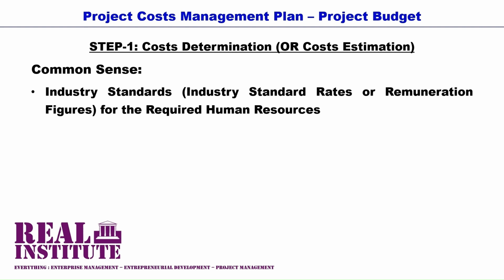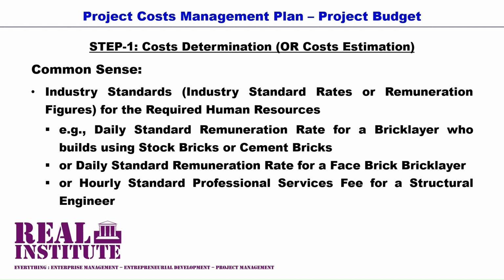Examples could be, say, a daily rate for a bricklayer who builds using stock bricks or cement bricks, or a daily rate for a face brick bricklayer, or an hourly rate for a structural engineer.